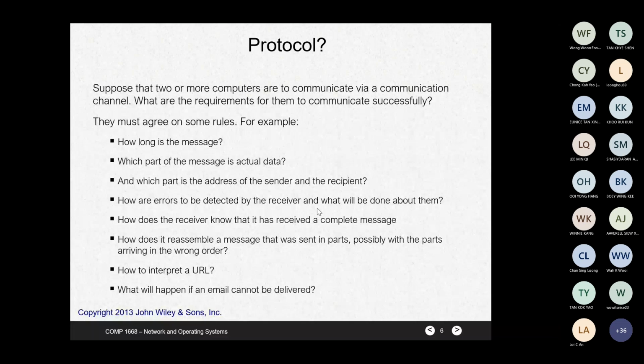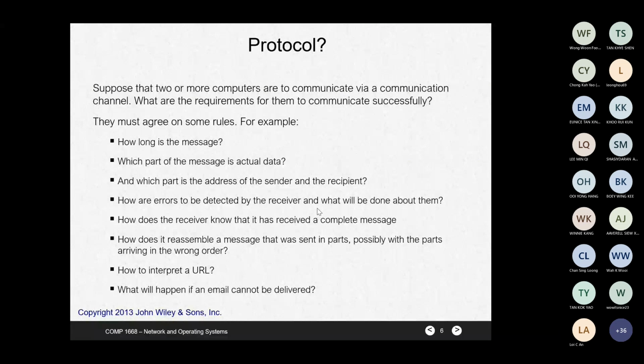Again, you have another slide. If you do not know what a protocol is, protocols are basically guidelines or instructions, for example what to do and what you cannot do over the network for two hosts to communicate, to transmit or receive a message. How long is the message? Which part of the message is actual data? Because as you know, a message comes with a header and trailer.